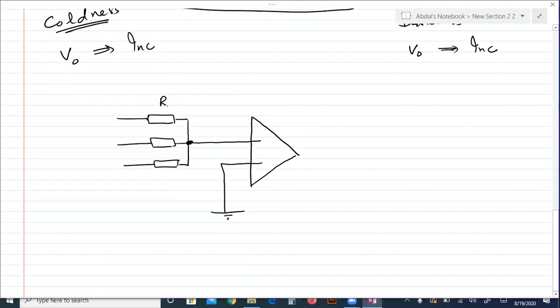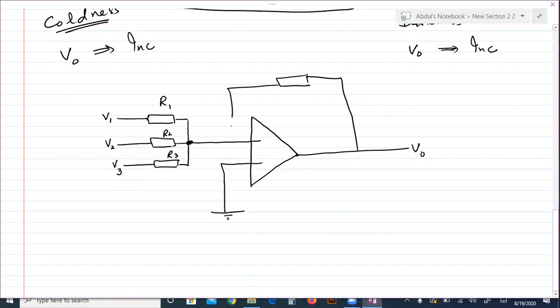This resistor input is R1, this is R2, this is R3, and this is V1 input, this is V2 input, this is V3 input, and here is the output, and there is a single feedback resistor connected with this input at P. This is RF.